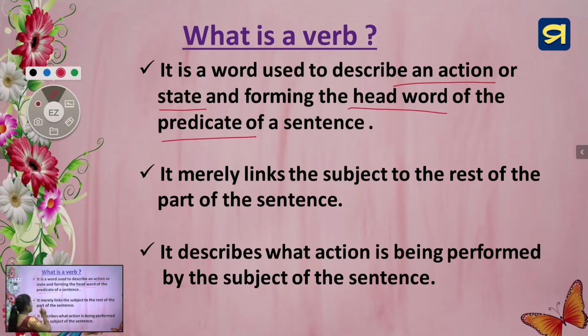Okay, it merely links the subject to the rest of the part of the sentence. Okay, next, it describes what action is being performed by the subject of the sentence. Which describes the action, what type of action is done by the subject.